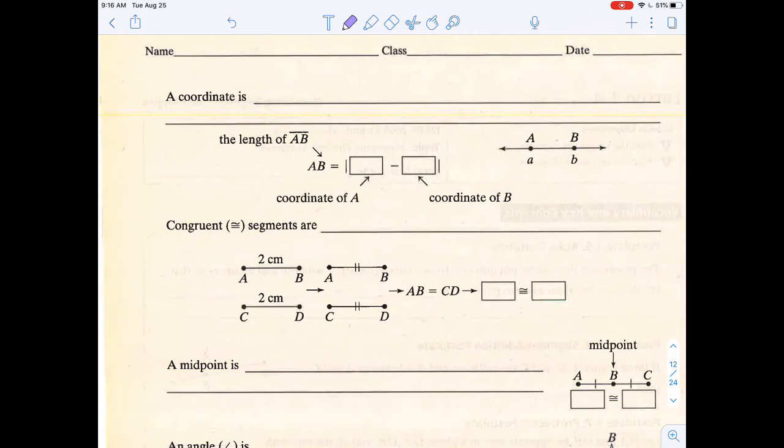All right, we've got some more vocabulary words. A coordinate, we're going to call this a location. It's always going to have an X, Y, if that helps you remember. The length of AB. So we're trying to find the length of that segment over there. All we're going to do is take A minus B and find the absolute value of that.